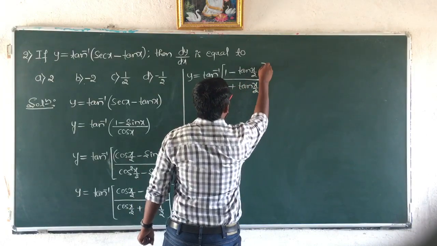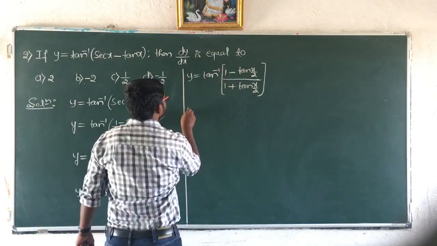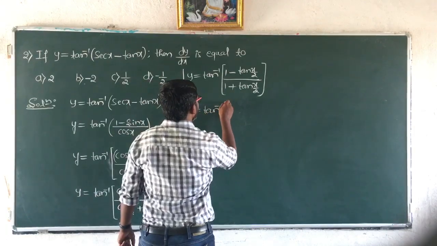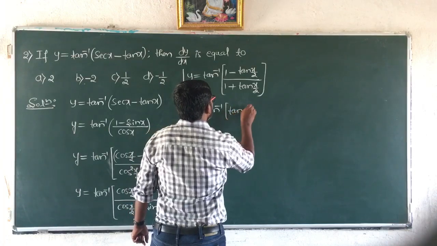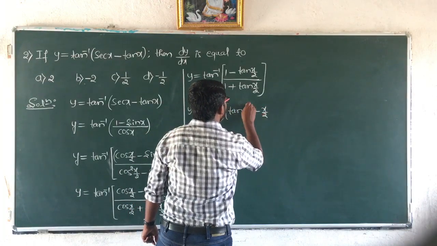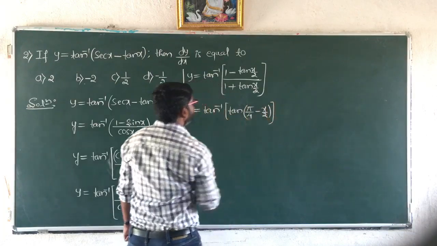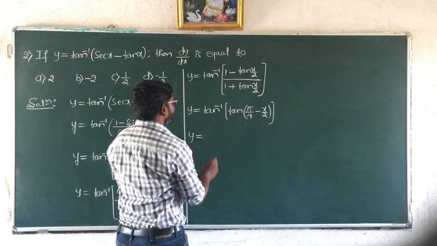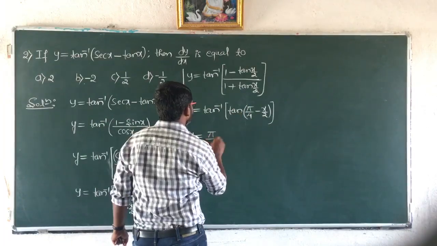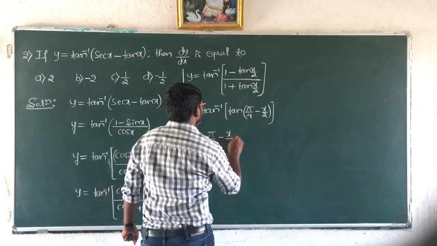So now this can be written as y which is equal to tan inverse tan of pi by 4 minus x by 2. So now y which is equal to tan inverse tan x which is equal to x. What is x now? It is pi by 4 minus x by 2.